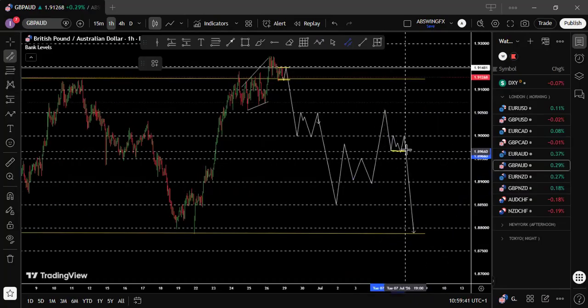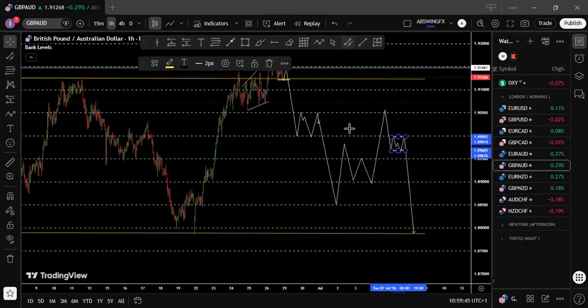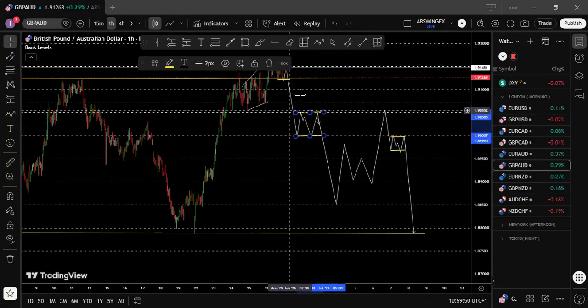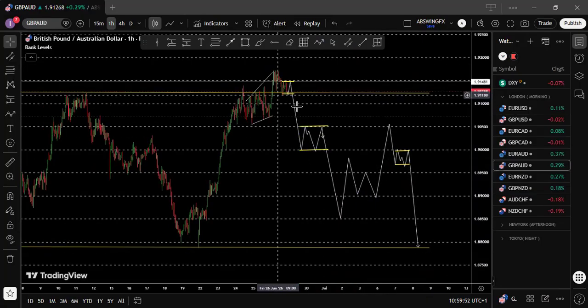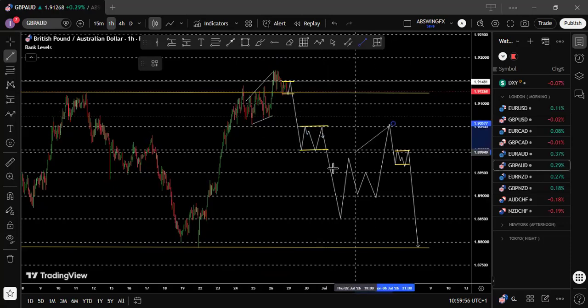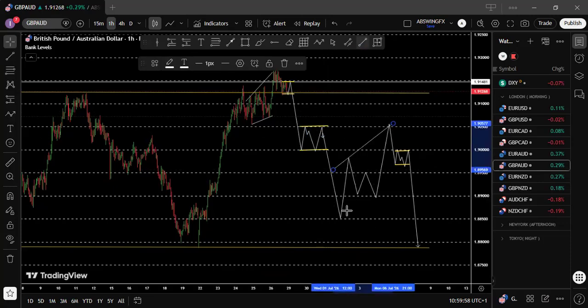So one here, opportunity here. We have another one, 1 hour here, 1 hour, 1 hour. Then we're going to have something very huge here.